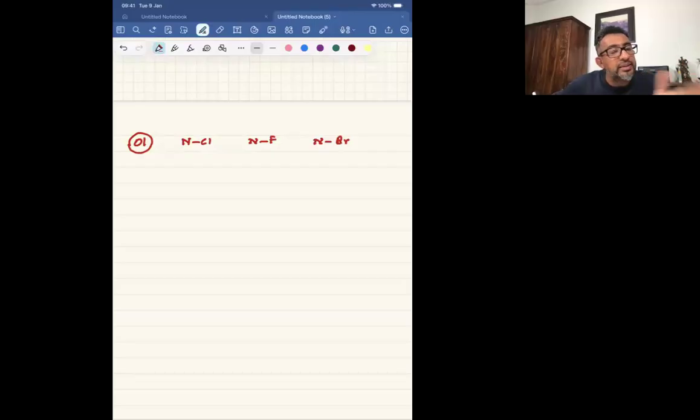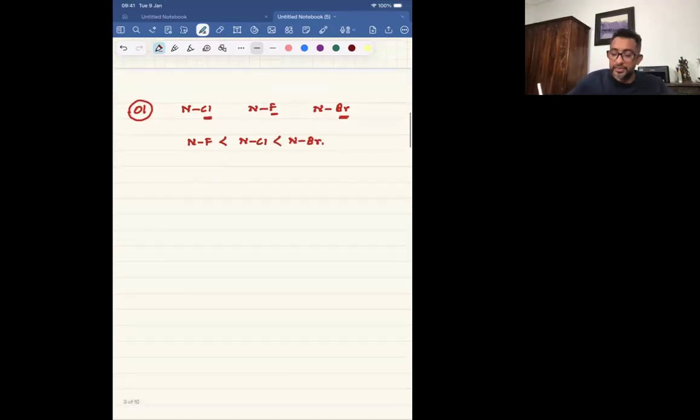Nitrogen is the same atom, but the halogen is different. Fluorine is 2p, this is 3p, and this is 4p. So you can see NF is the smallest, and then comes NCl, and NBr is large. That's the first one, right?